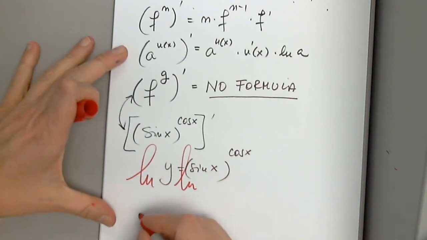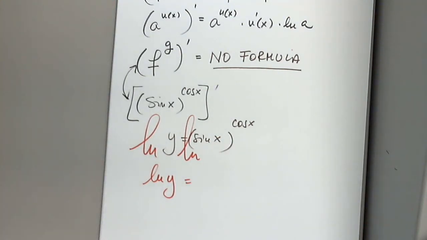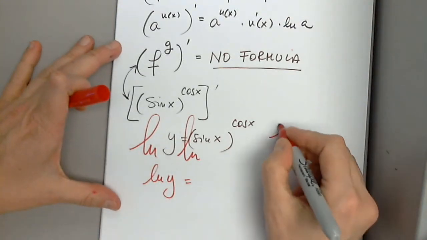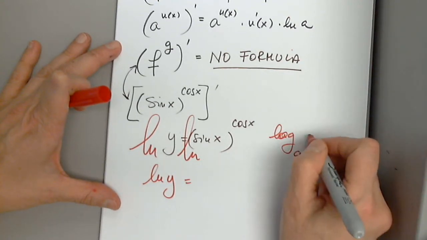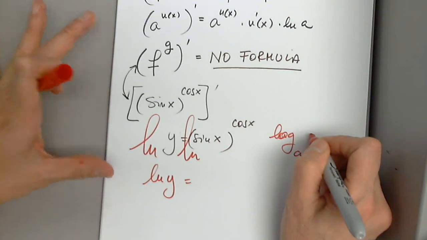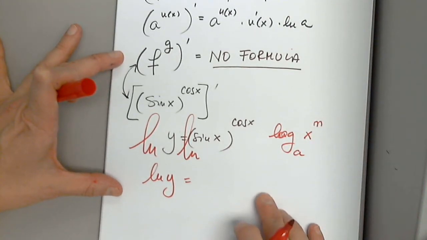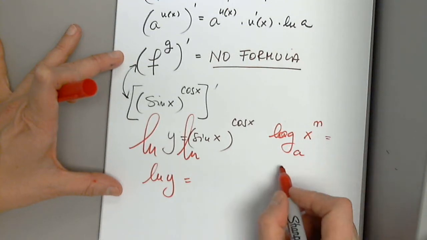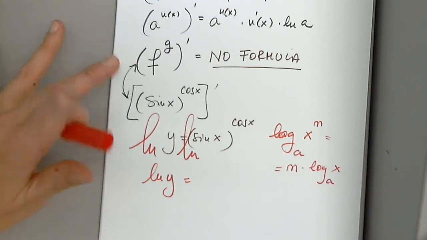But what can I do furthermore to this side? There is a property that only log has. Which property am I referring to? Here's the property. Natural log or any log, let's put any log, base a, of x raised to the nth power is n times log base a of x.